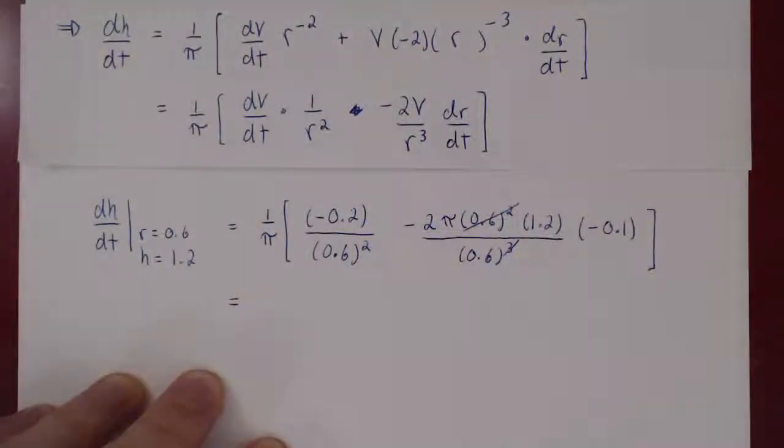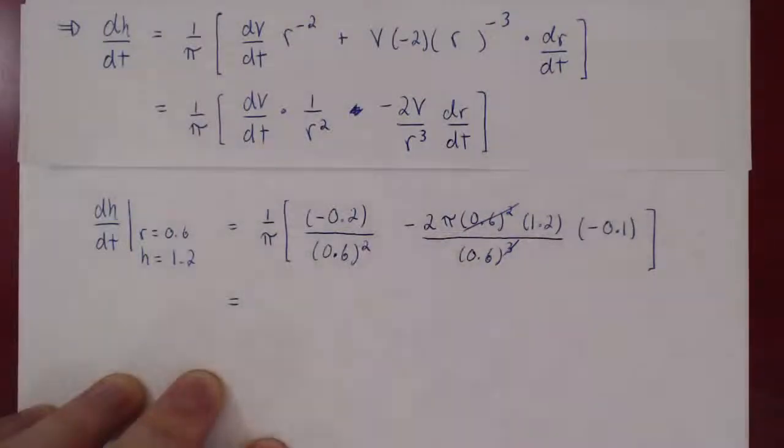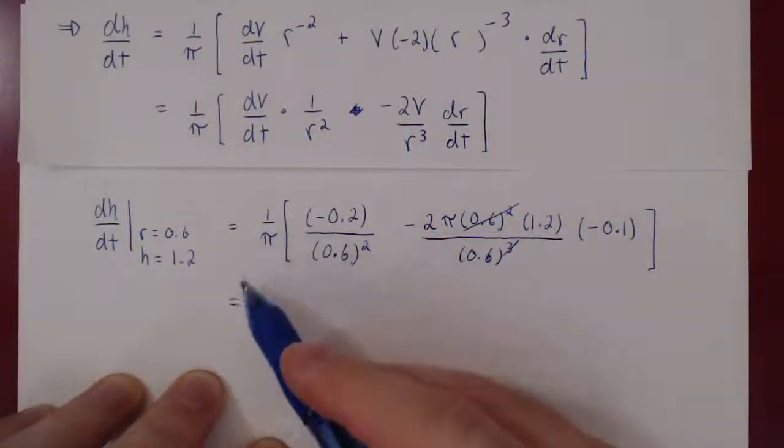Take your calculator, find this, and then divide by pi, and you'll have the answer. Of course, we'll have an approximate answer.